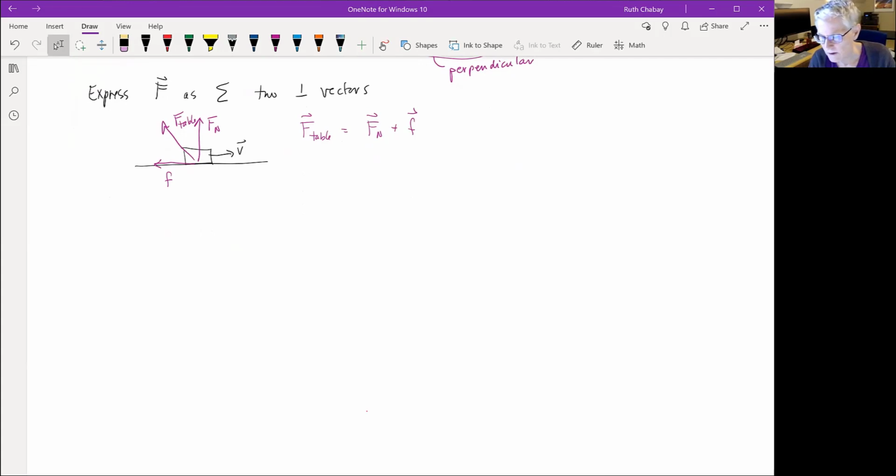So in all cases, we can write in the momentum principle, if we have dp/dt equals F net, we can write this as F net perpendicular to what? To the momentum, plus a component of F net that's parallel to the momentum.